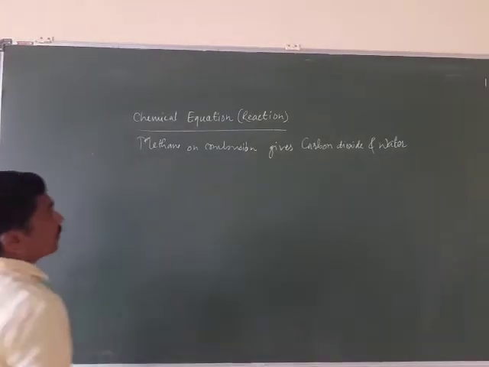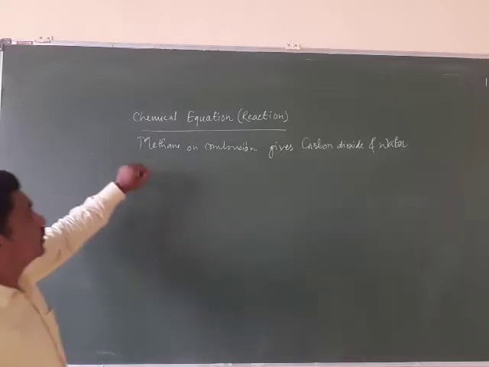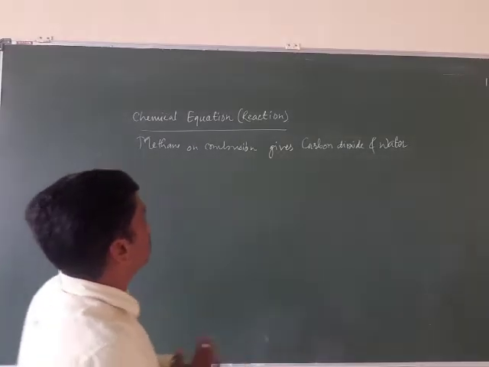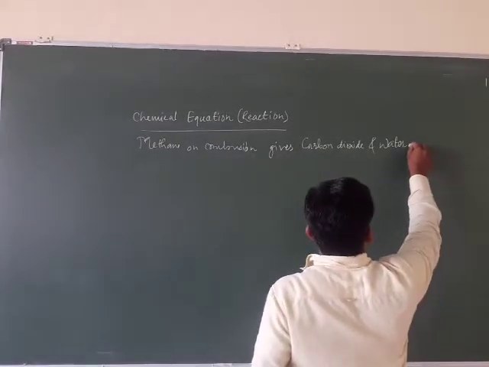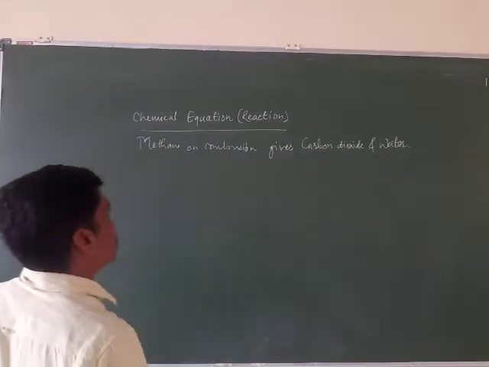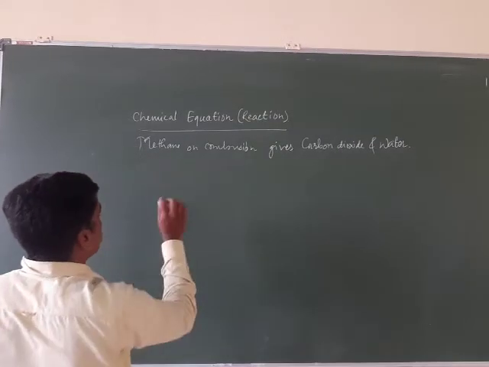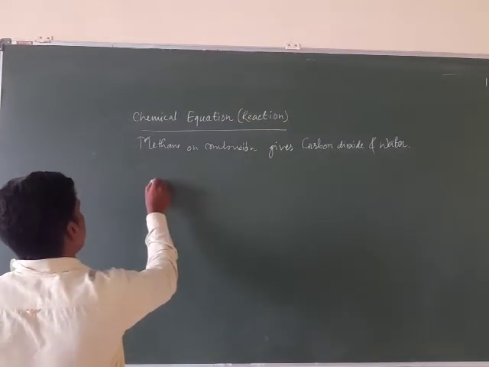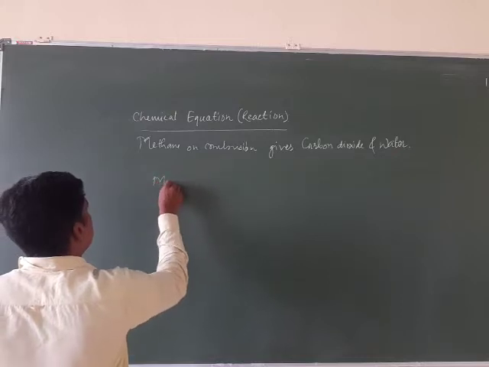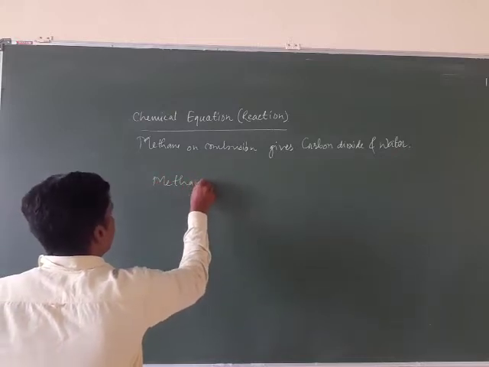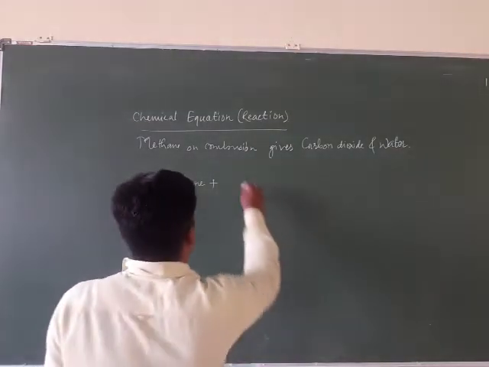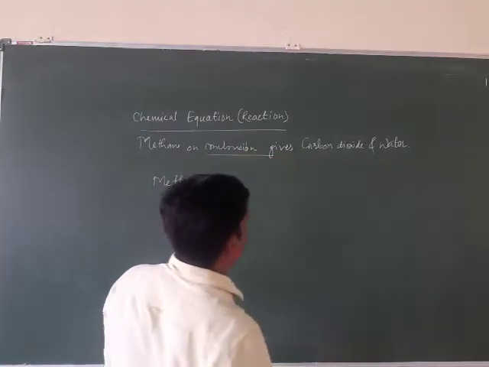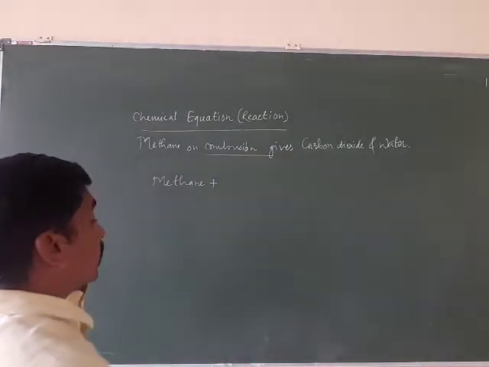We can write this chemical process, which is in words, as a chemical equation. So how to write the chemical equation? Methane plus, now the reaction is a combustion reaction, and all of you know that for combustion we require oxygen.